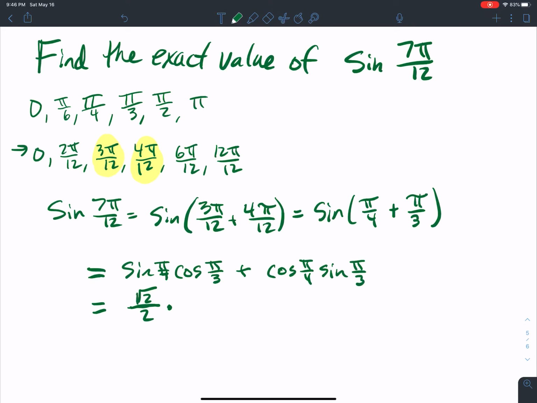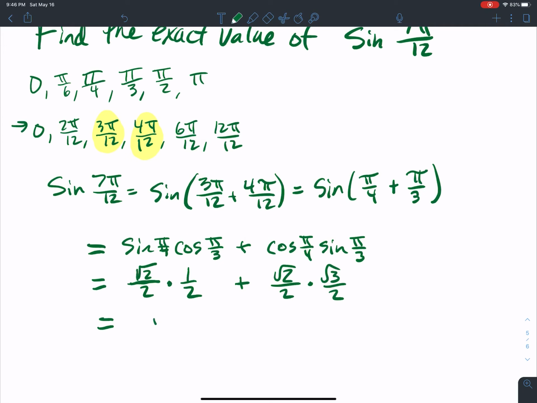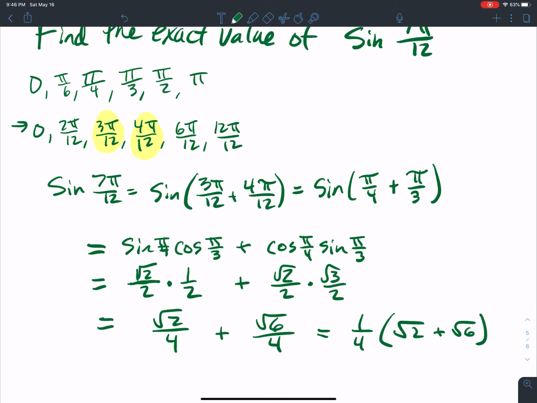Multiply cosine pi over 3 is 1/2 plus cosine pi over 4 is square root 2 over 2 times sine pi over 3 square root 3 over 2. Okay, multiply square root 2 over 4 plus square root 6 over 4 gets me 1/4 square root 2 plus square root 6. No biggie there. Okay.